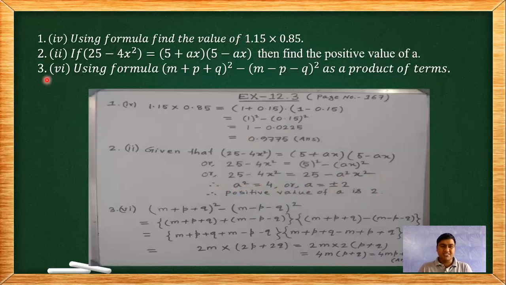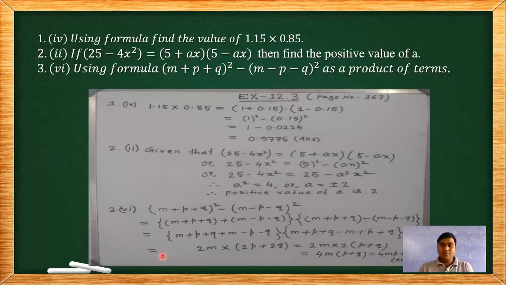And question number 6. Using the formula, express m plus p plus q whole square minus m minus p minus q whole square as a product of terms. So now this is the a square minus b square form, this whole square minus this whole square.